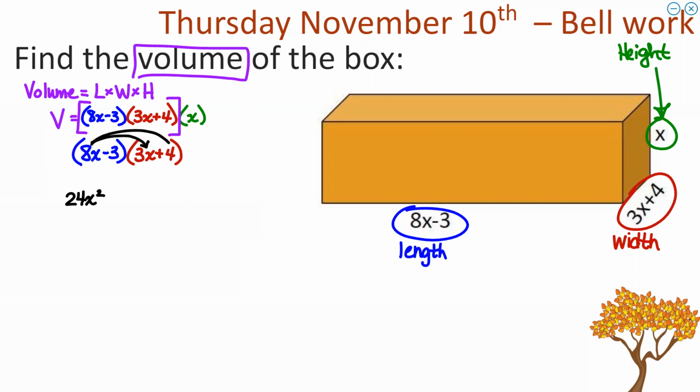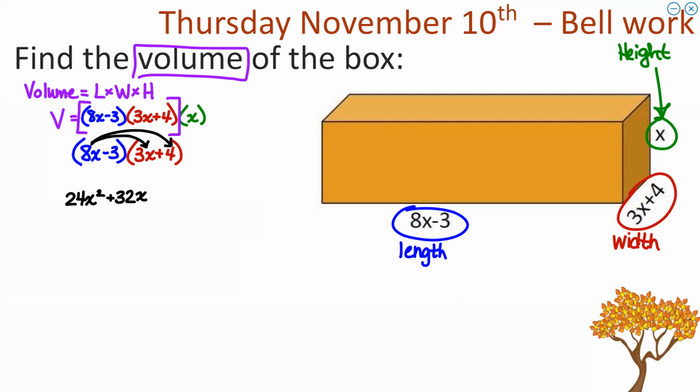Then I have to distribute 8x to 4. What will that be? 8x times 4. 32. Just 32? 32x.